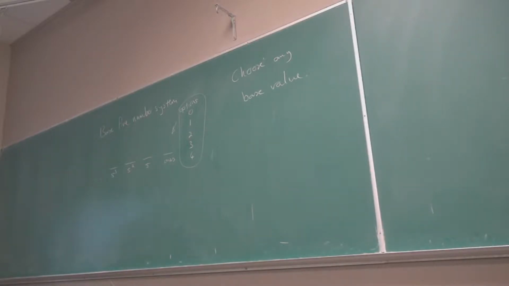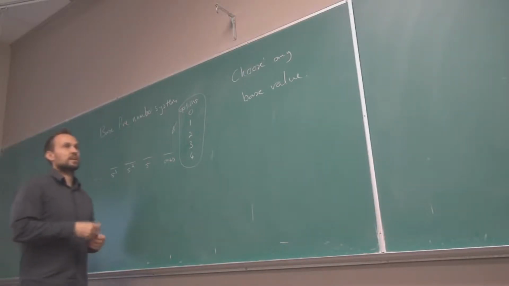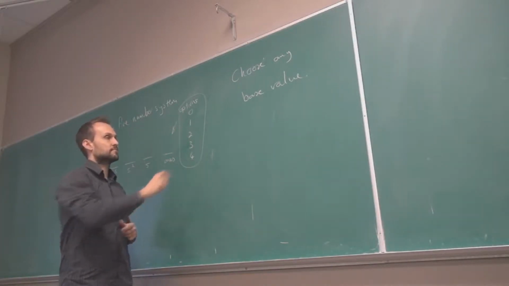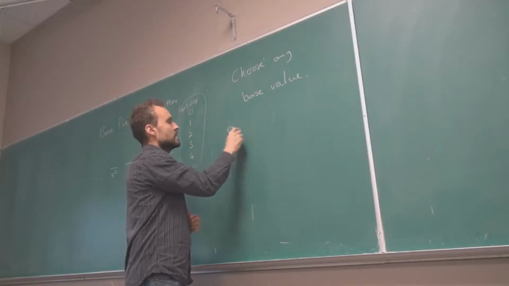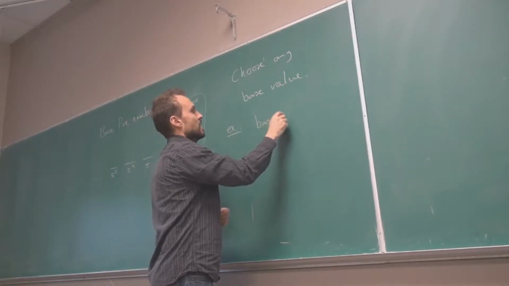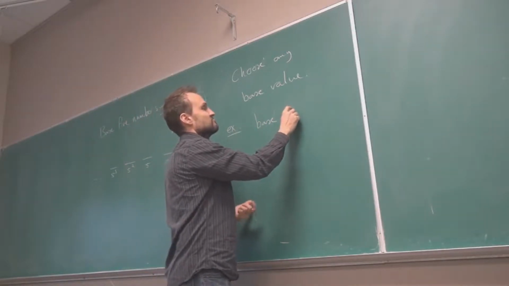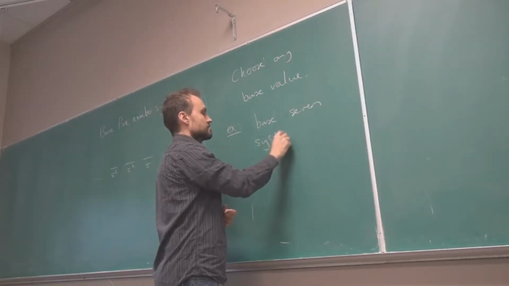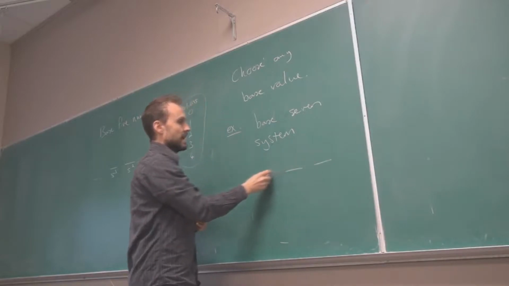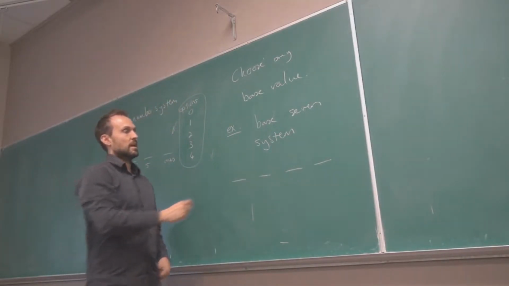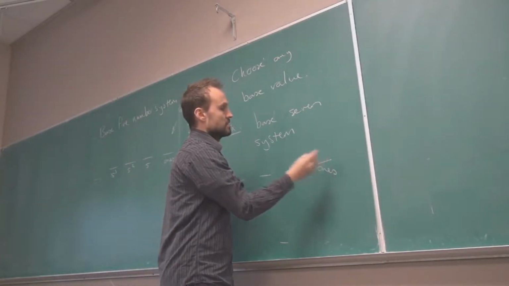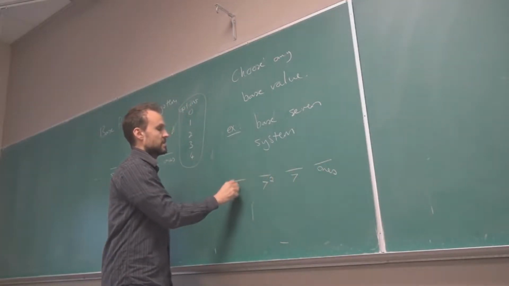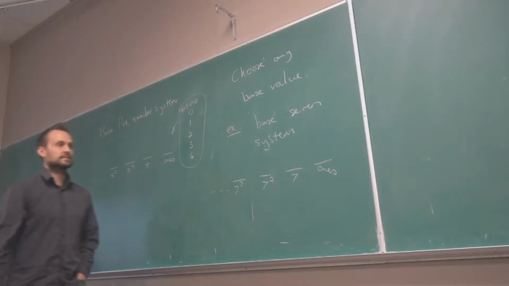But as the base value changes, the options will change as well. For example, if I have a base 7 system, then I'm going to count in 7s. I'm going to count 1s, groups of 7, 7 squared, 7 cubed, and so on as I need it.